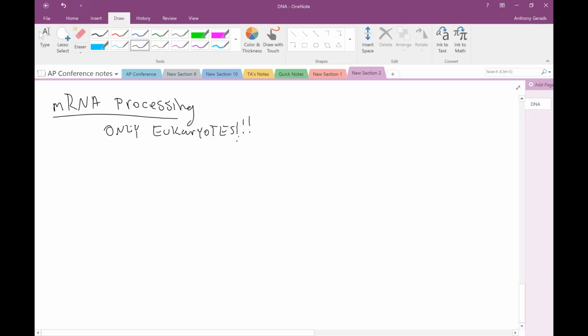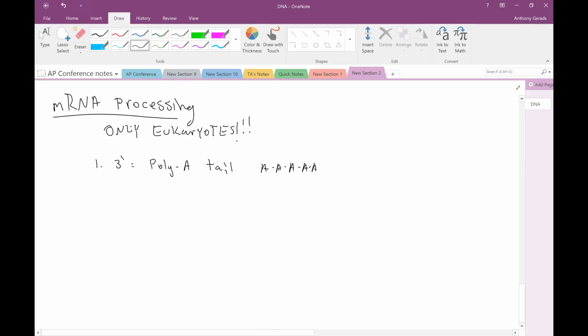Okay. And so there's a couple things that are going to happen here. The big one first, we're going to add a poly A tail to the 3' end. It's going to have like 50 to 250 of these on the end.